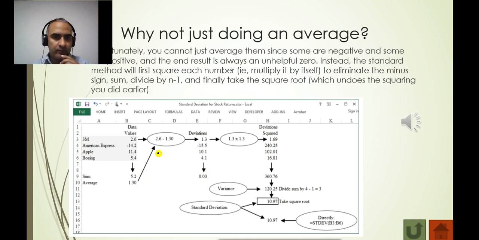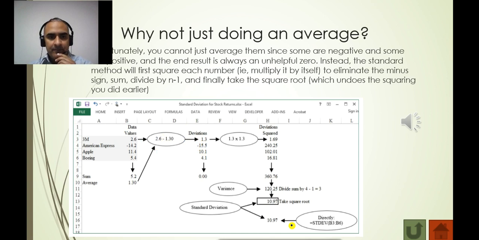So I take my value minus my average, and that tells me how far away each value is. In this case, 2.6 is 1.3 away from 1.3.